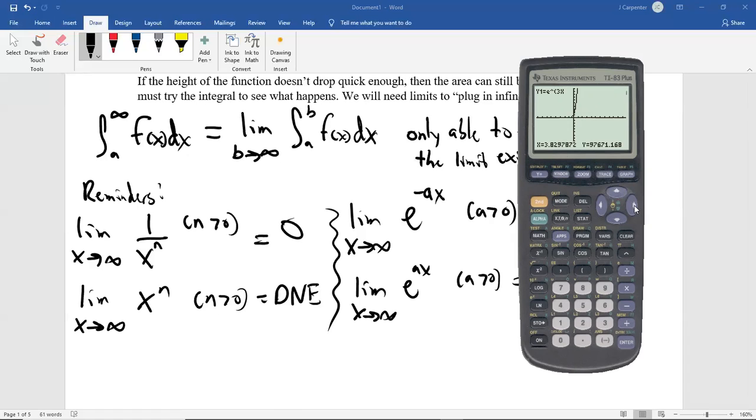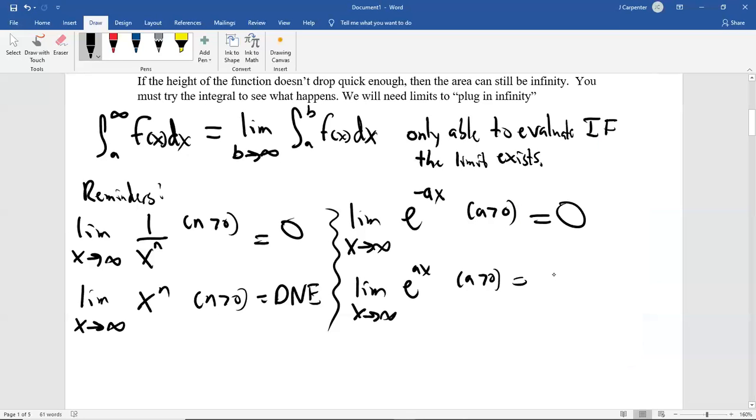By the time we're at 5, we're at 450,000. No, I'm sorry. Is that millions? That is million. 4 million and some change. Wow. By the time we're at 10, we're at 1 times 10 to the 13th. So that's a 1 with 13 zeros after it. That's a big number. So this thing is going to infinity, so we say does not exist.